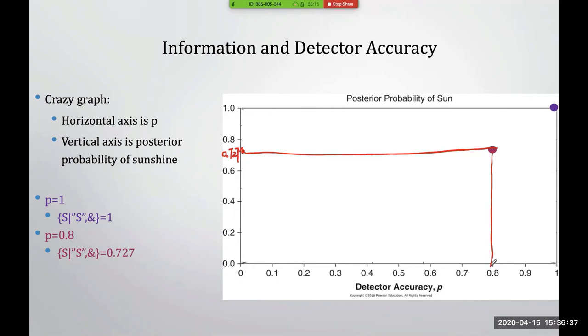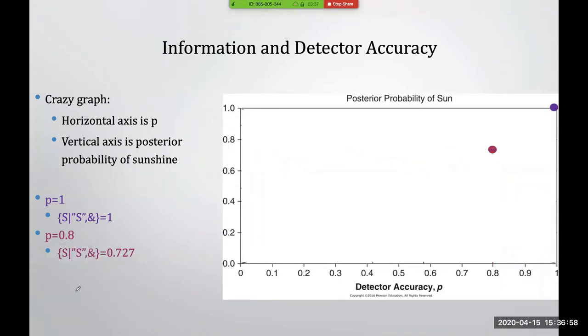So this point represents the fact that when the accuracy of the detector is 0.8, the posterior probability of a sunny day given a sunny day message is 72.7%.